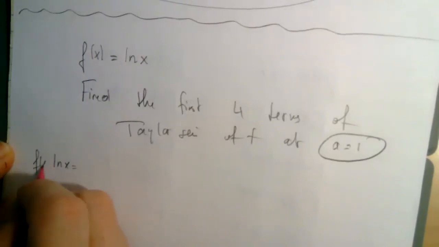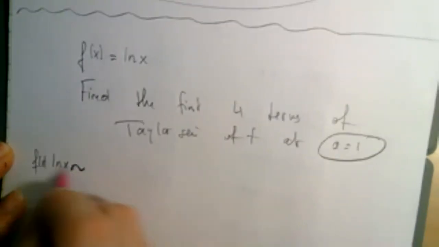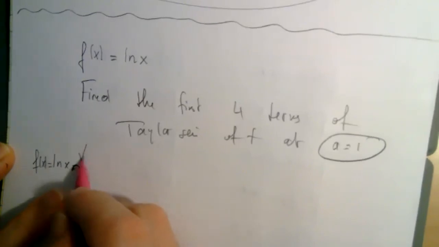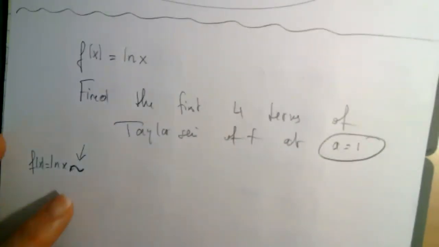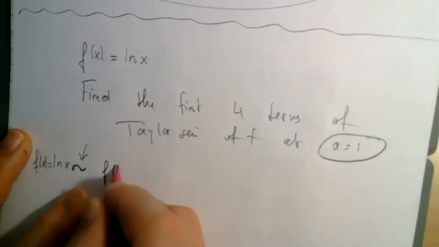This is my f of x. Since I want only the first 4 terms, I'm not going to write equality because it's not equality. Because I'm only using the first 4 terms. It's going to be equal to f at 1.